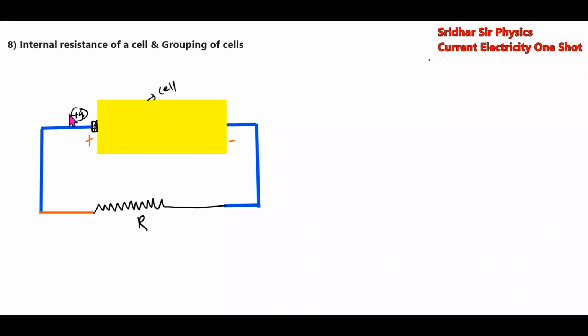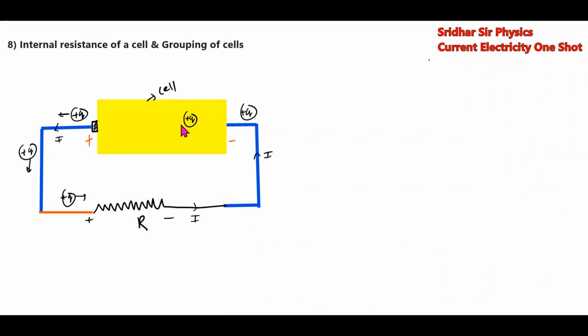Positive charge will come here and enter here. Positive, negative, and the current I will flow in that direction. Why did this positive charge flow?